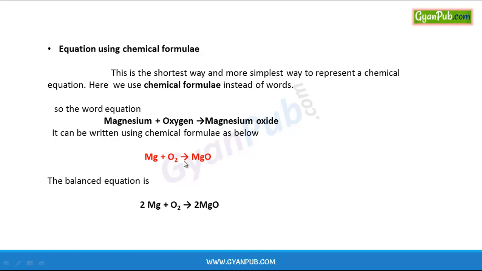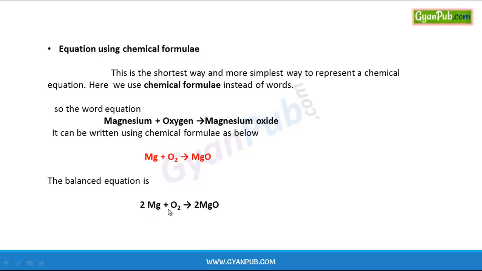So the composition or mass in the reactant side should be equal to the mass on the product side. So we need to balance the equation.